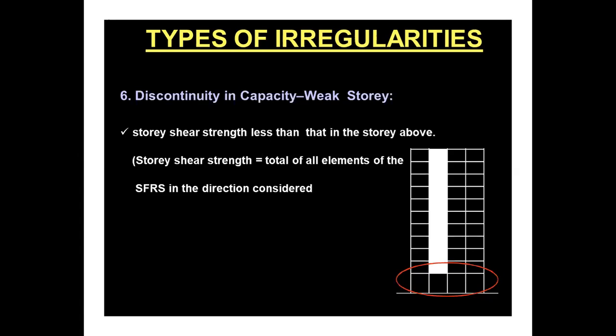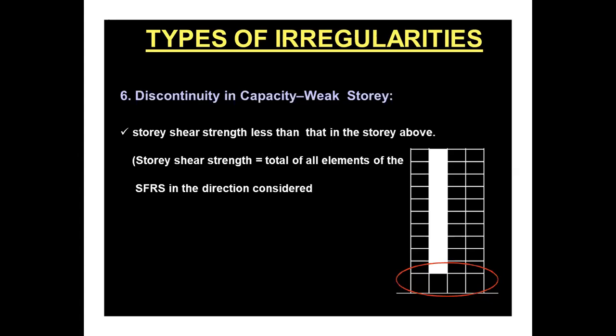Some buildings have reinforced concrete walls to carry earthquake loads to the foundation. Buildings in which these walls do not go all the way to the ground but stop at an upper level are liable to get severely damaged during an earthquake. For that, a criterion is given in the IS code: story shear strength less than that of the story above means there is a discontinuity in the building, right?